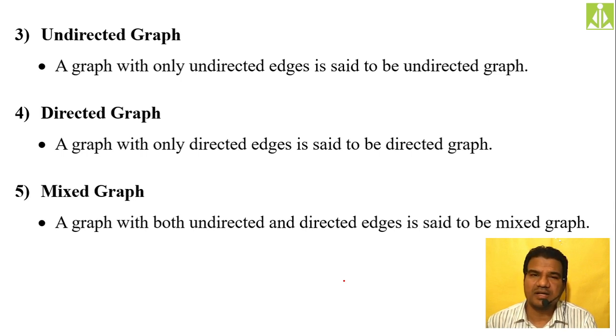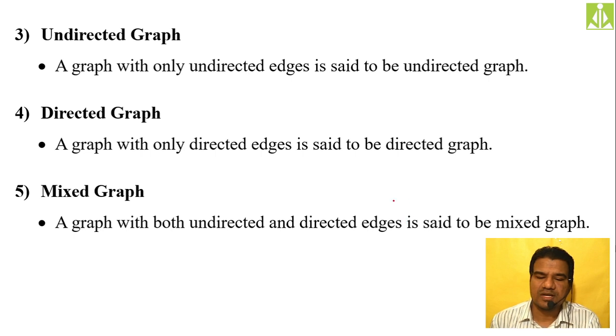Then we have the directed graph. Here we have the directions. All edges inside your graph will have directions. So it will be very easy to tell which vertex is the starting point and which vertex is the end point for a particular edge. So inside a directed graph, all edges will have directions.